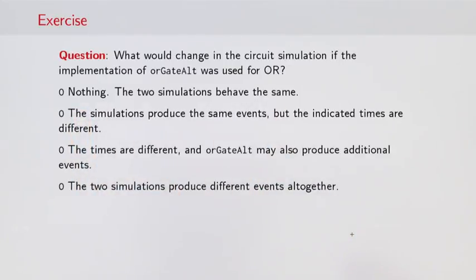Or maybe the two simulations would produce the same events, but the indicated times are different. Or maybe the times are different and also the alternative implementation of the OR gate could produce additional events that you don't see in the original simulation. Or, as a fourth choice, the two simulations would produce completely different events altogether. What do you think?